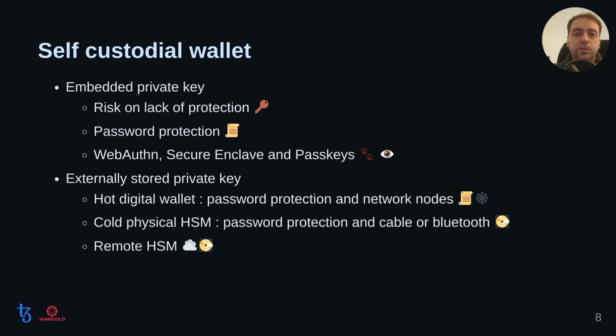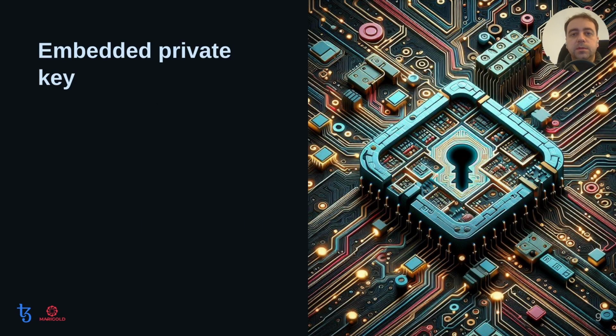So for a self-custodian wallet, I mean that you own the private key. It can be embedded or in a vault that requires communication. Everything starts with a private key.